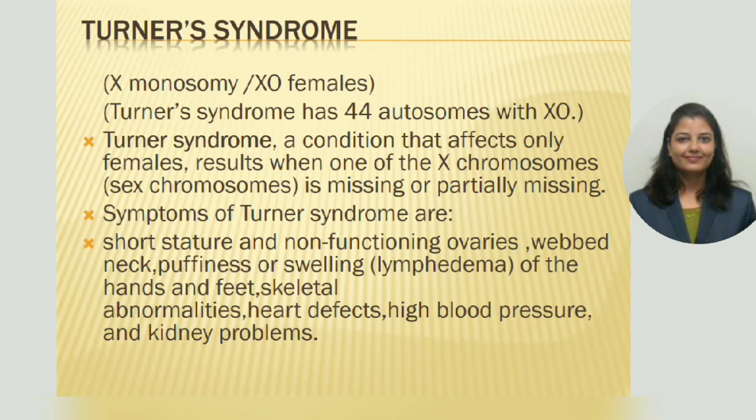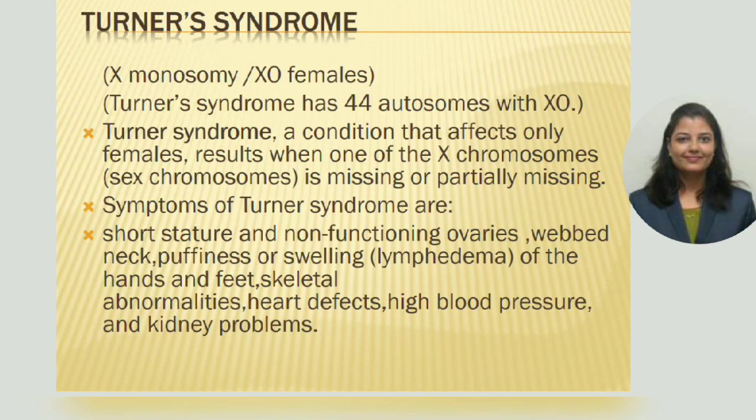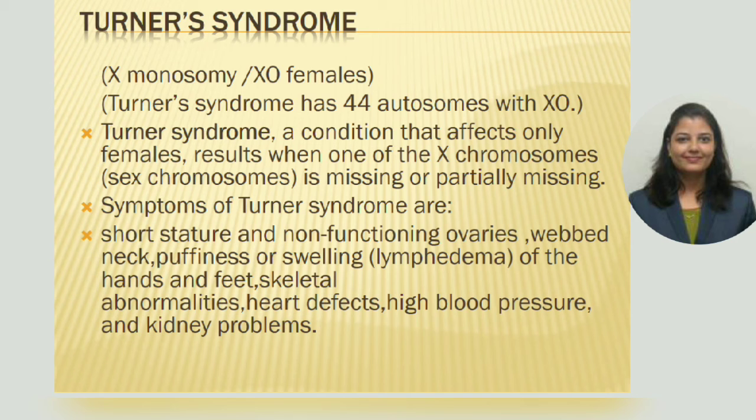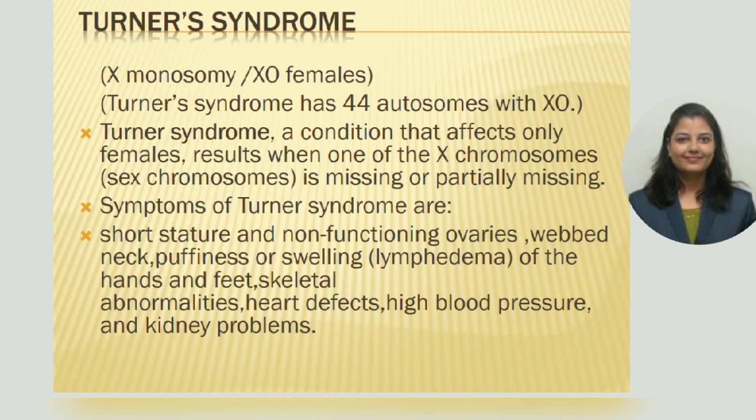The next is Turner syndrome. Turner syndrome is also known as X monosomy or XO females. So Turner syndrome has 44 autosomes with XO. Turner syndrome is a condition that affects only females, and results when one of the X chromosomes is missing.